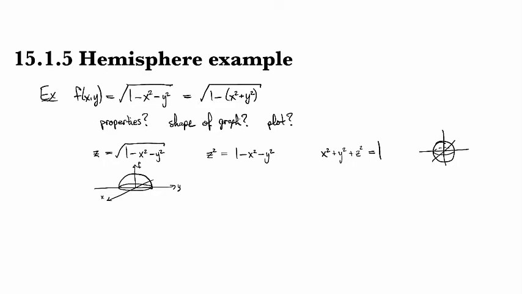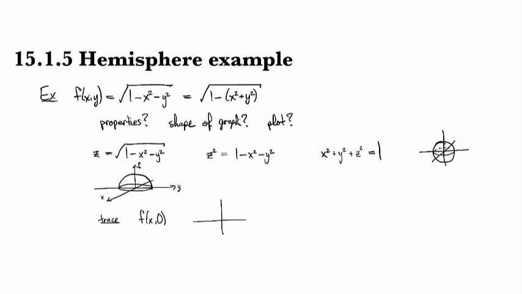Well, we'll talk in a moment about a couple of ideas, namely looking at traces. So let's look at f of 0, y. This corresponds to fixing the value of x equal to 0. Actually, here it'll be better for illustration if I do it the other way around and fix y equal to 0 first.